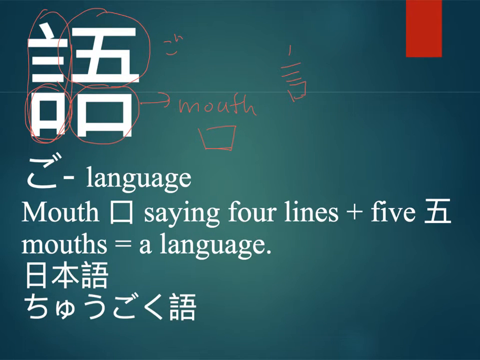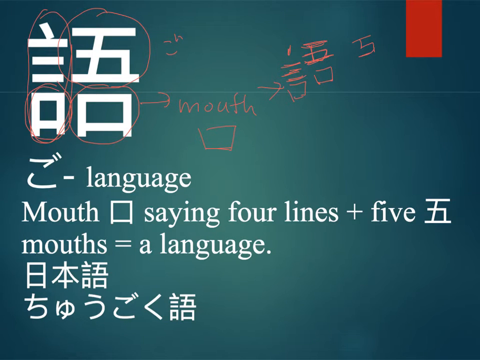So this kanji is made up of to say, 5, and then mouth. So I think of this side right here as a mouth saying 4 lines, like reading 4 lines out loud or something. That's sort of my strategy for that one. And this is 5. This kind of has a 5 in it. You want to think of it that way. It's a little bit tricky to see that.